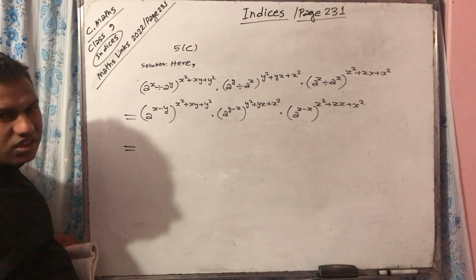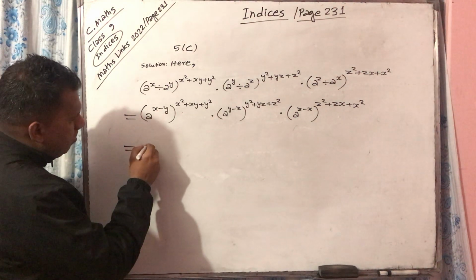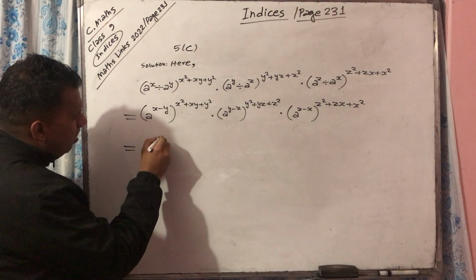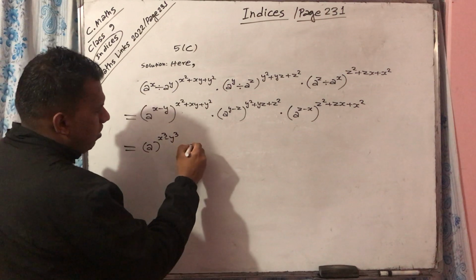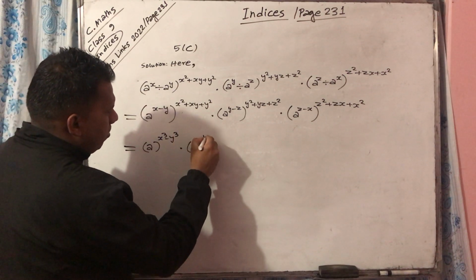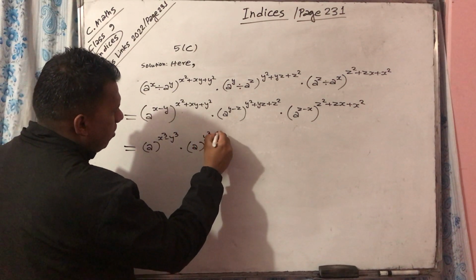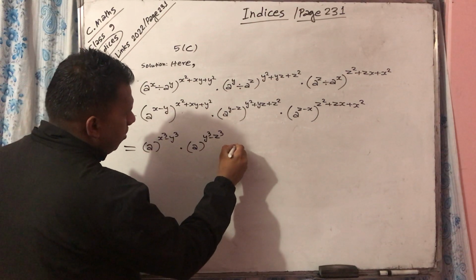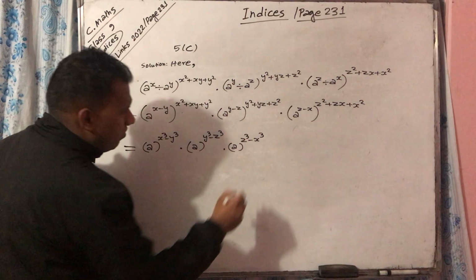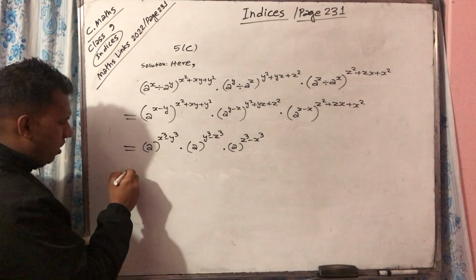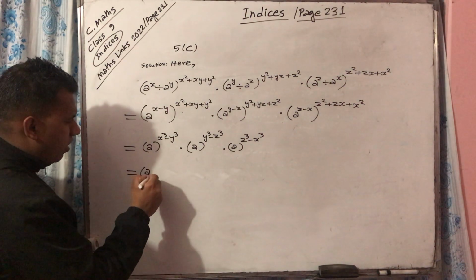So it makes a cube minus b cube form. So a to the power x cube minus y cube. Similarly in second, a to the power y cube minus z cube. In third, a to the power z cube minus x cube. Since bases are same, powers can be added.